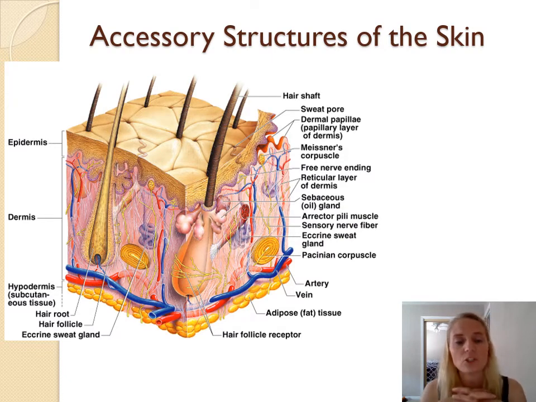So you have this general picture of a piece of hairy skin, or thin skin, since your palms and your soles don't have hair on them. So anytime you see a picture with hair, you automatically know it's going to be a thin skin sample. This diagram is a good one to review.